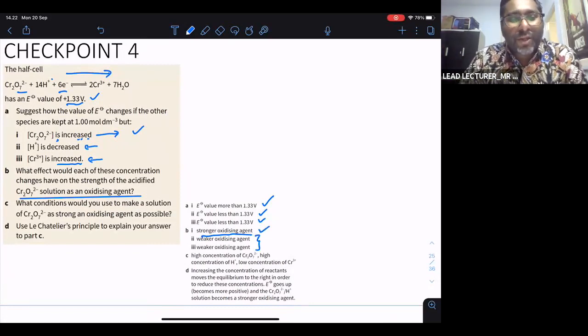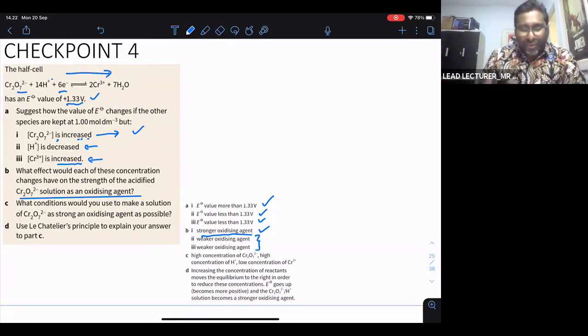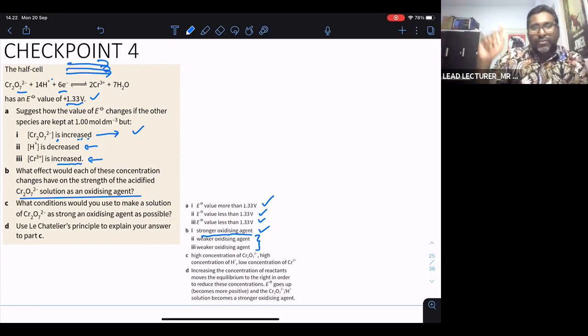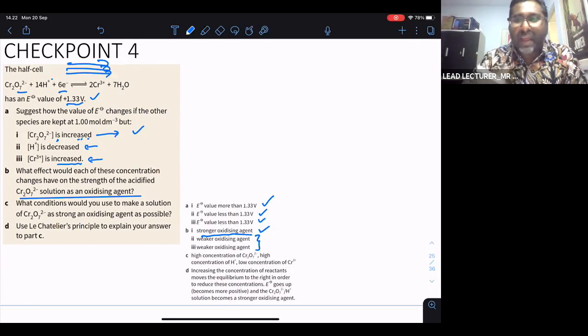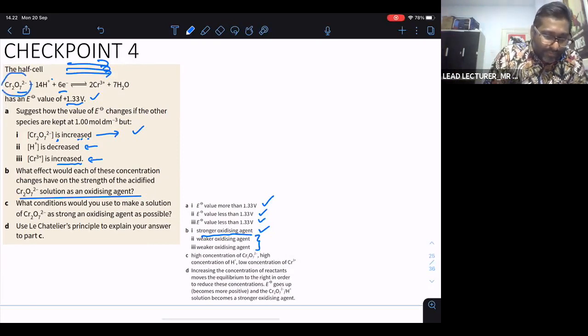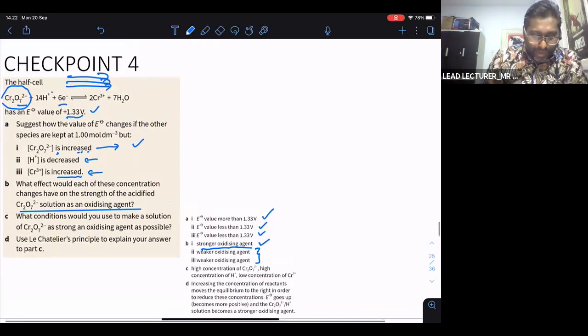So what condition would you use to make this solution a strong oxidizing agent? To make it a very strong oxidizing agent, I need to change everything to go to the right, which means I must gain electron. How to make sure that everything gains electron? You increase the concentration of this, then it will go to the right.